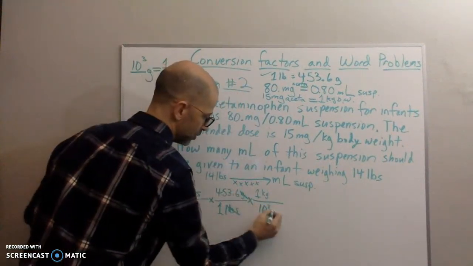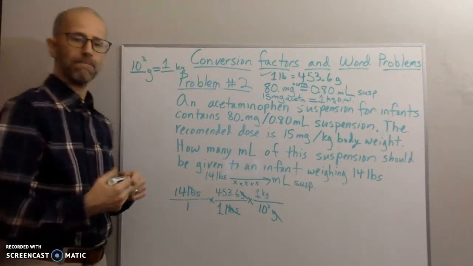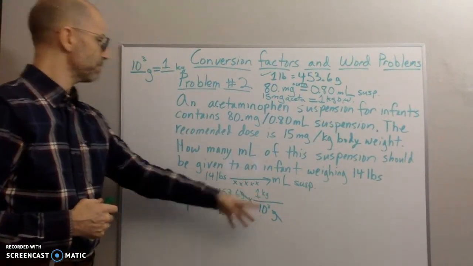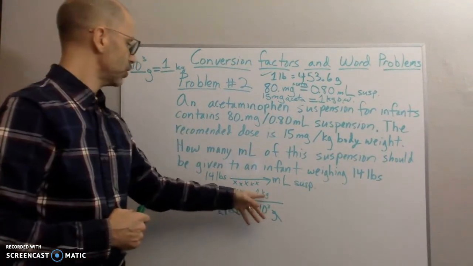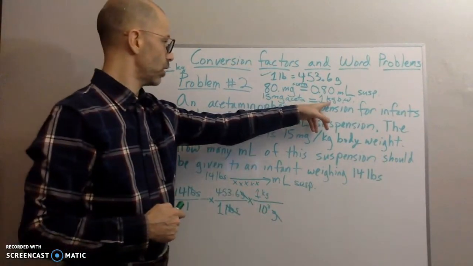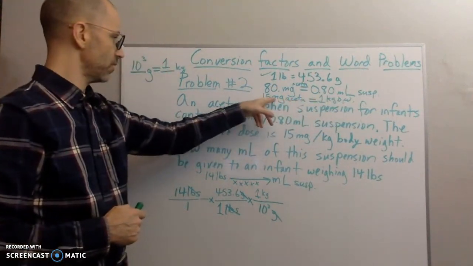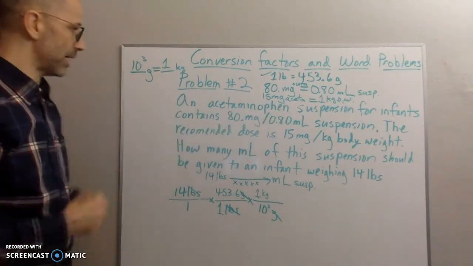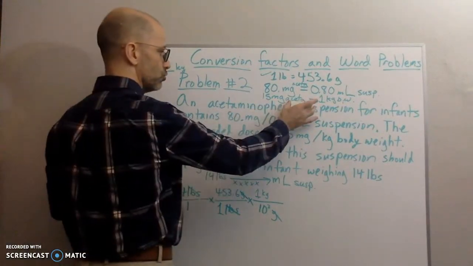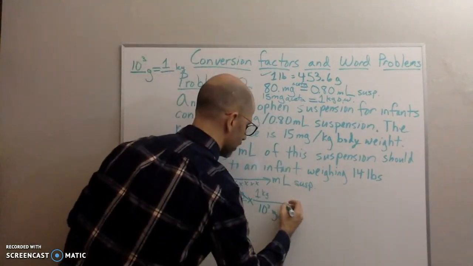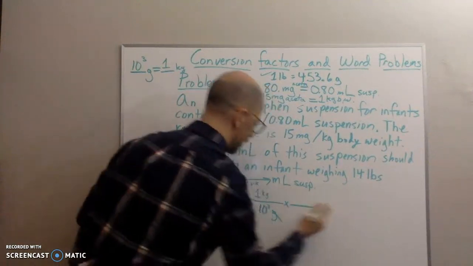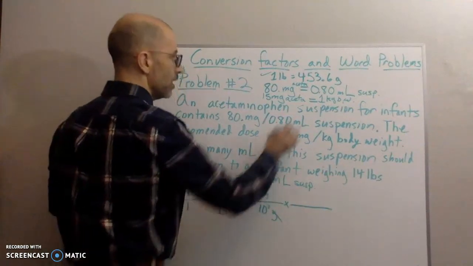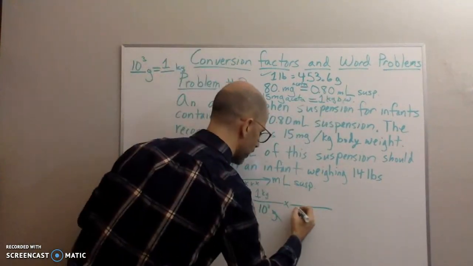So the grams are going to cancel out now, and now I have kilograms, and now I can use kilograms here. 1 kilogram of body weight is equal to this many milligrams of this acetaminophen. That's the medicine. So now I can use this, and I can do another conversion factor, and I keep going. I've got kilograms. I need milliliters of suspension, so I keep going. So 1 kilogram of body weight.